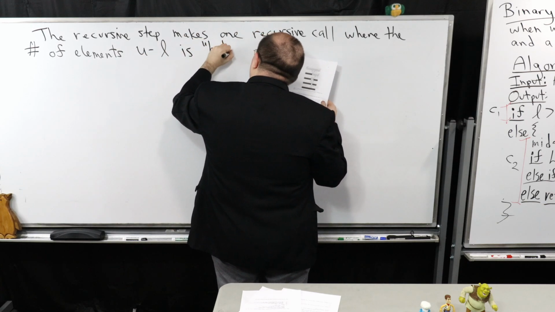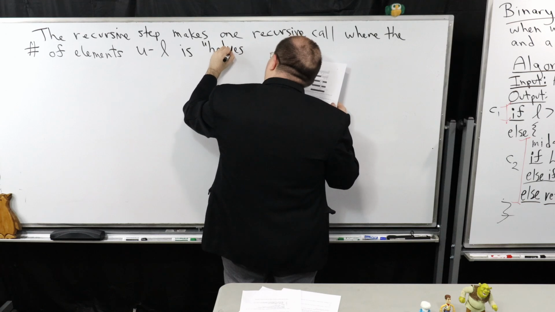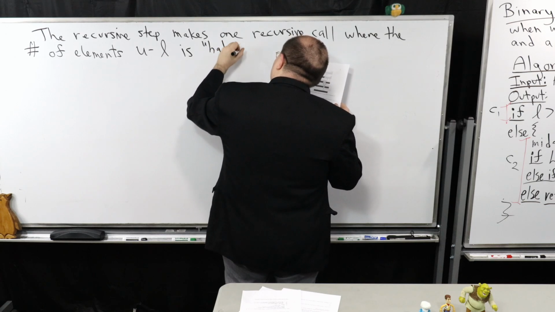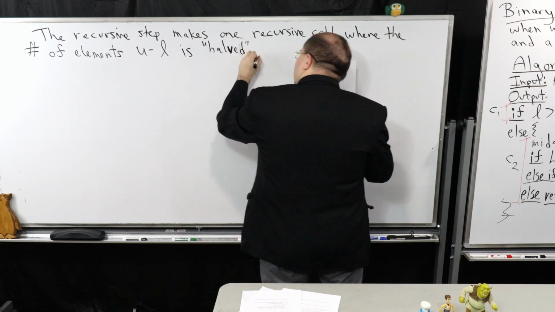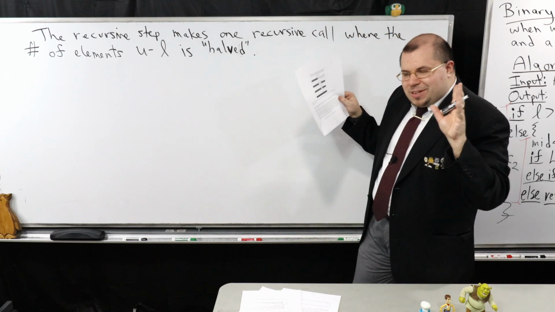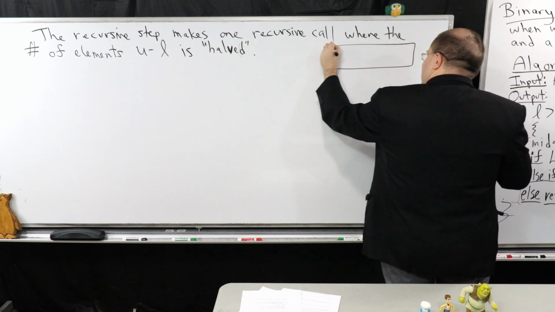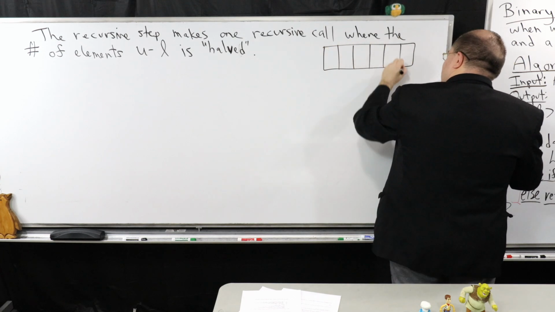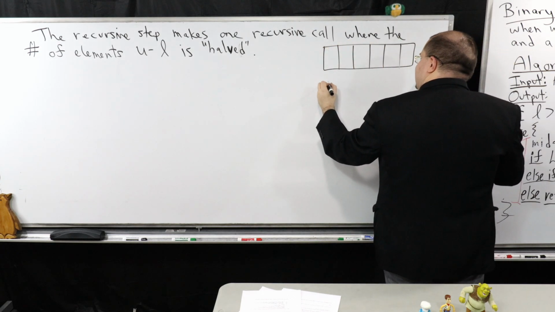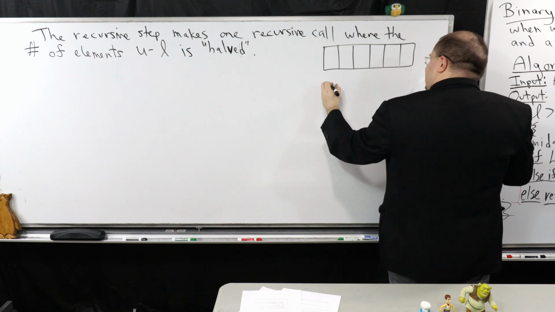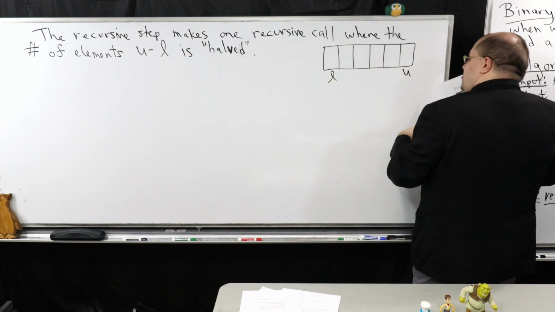Now I'm going to put that in quotation marks. So I mean halved. Remember, just keep this picture in your mind. Imagine I have the array, and suppose this is the range I'm looking at, with L and U here.